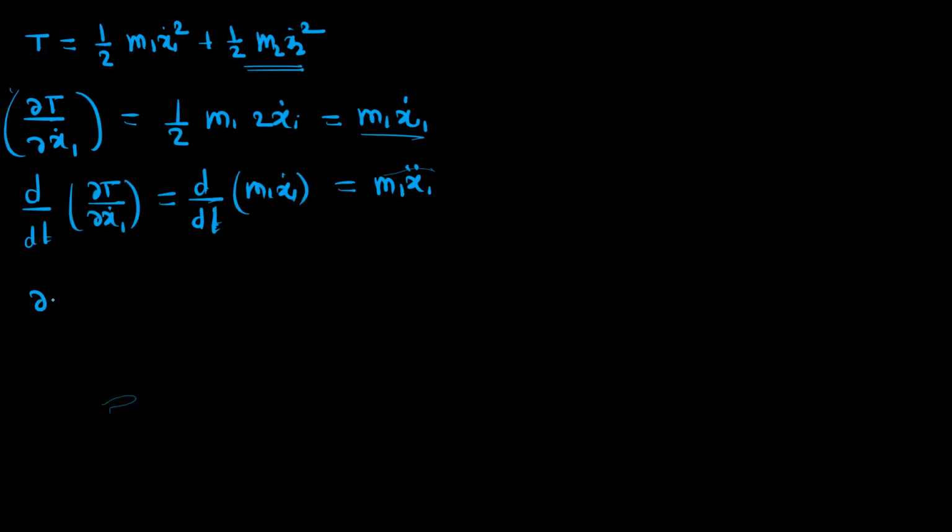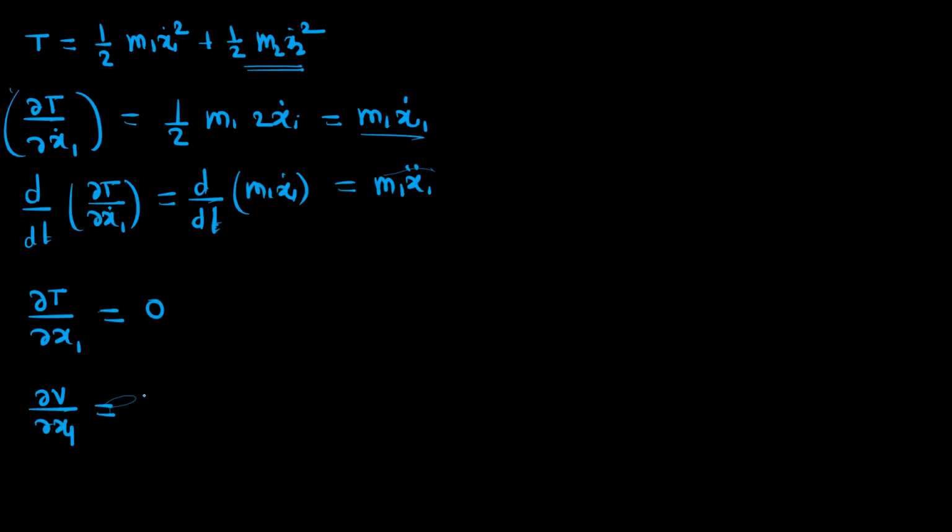Now find del T upon del x1. Differentiate this equation with respect to x1. There is no term of x1 in this equation, so the complete expression is constant, and this is 0.